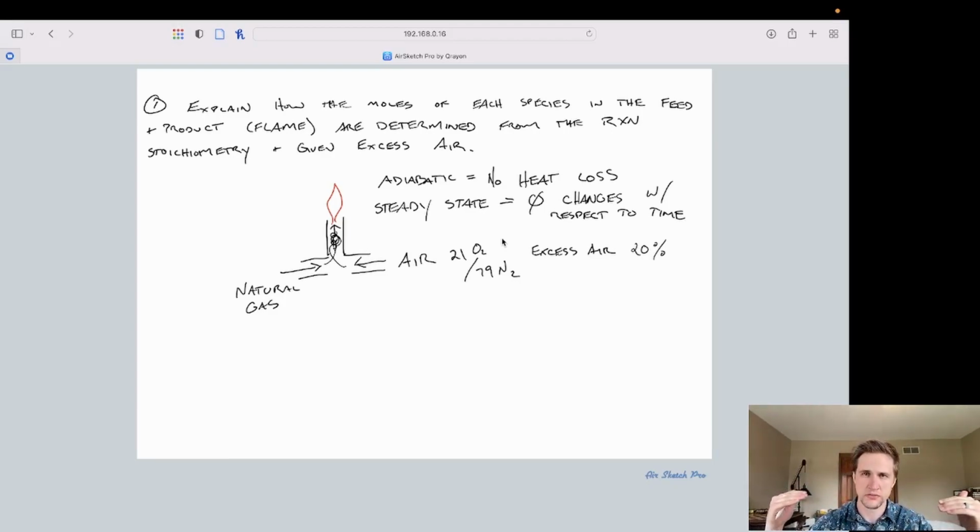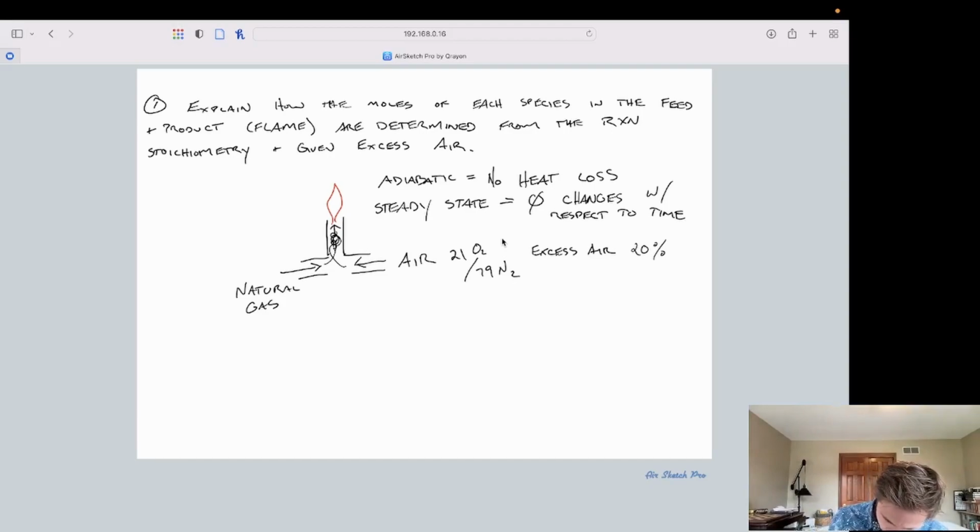The enthalpy from our reactants has to equal the enthalpy leaving our situation. Why? Because there's no change with respect to time, meaning that we can't have more energy entering the system and building and building if it's in a steady state. And we also can't have more energy continually leaving the system, because there's no change of energy with respect to time.